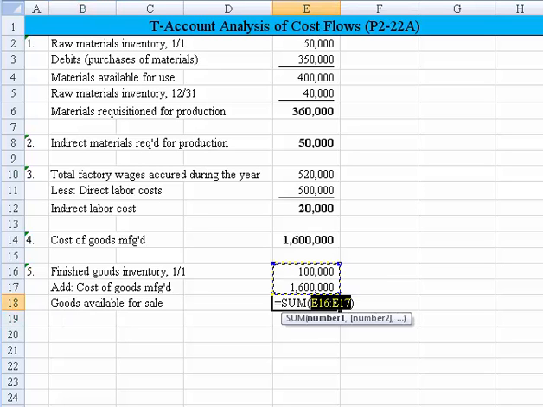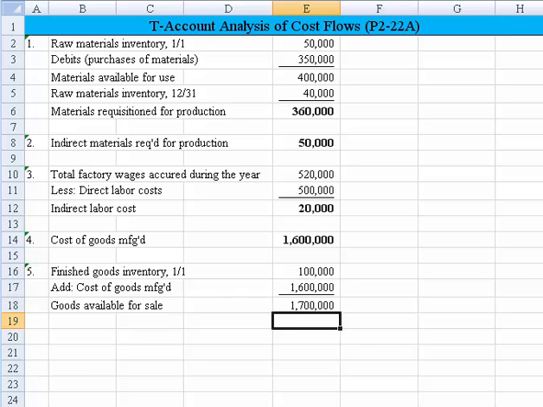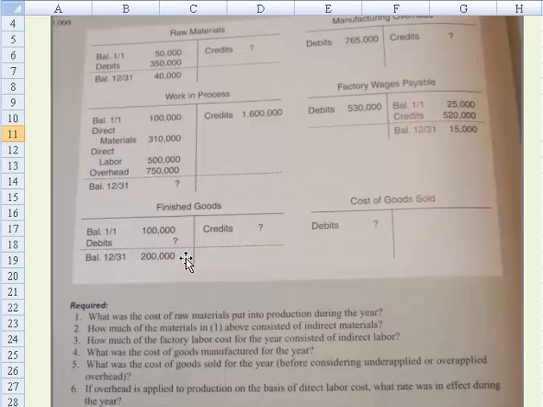And if I sum from above, I get 1,000,007. And then we subtract off the finished goods in inventory at the end of the year. So we'll jot down the end of the year amount. And let's go find out what that number was. Oh, it ended it to the left of my mouse at 200,000.